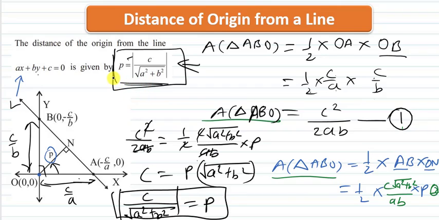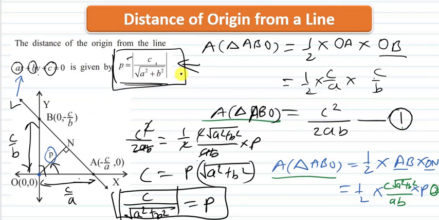If you see what we are doing, we are just taking the constant and dividing it by the square root of the sum of squares of the coefficients of x and y. That is, we first find the sum of squares of the coefficients of x and y, take its square root, and divide c by this to get the distance of origin from the line. I will also derive this formula easily by using the next topic, right?